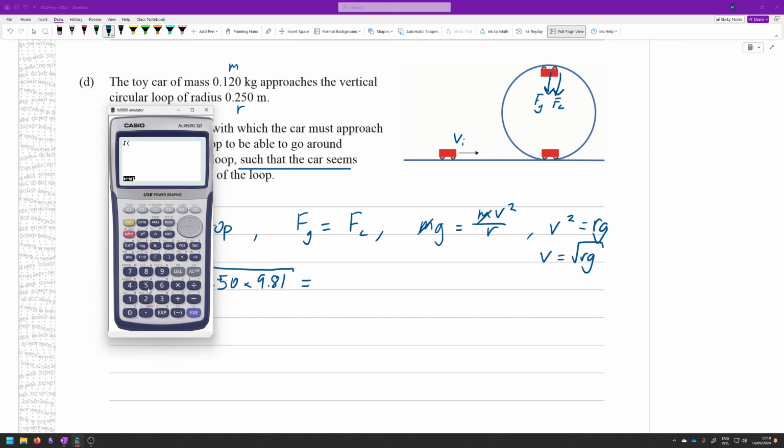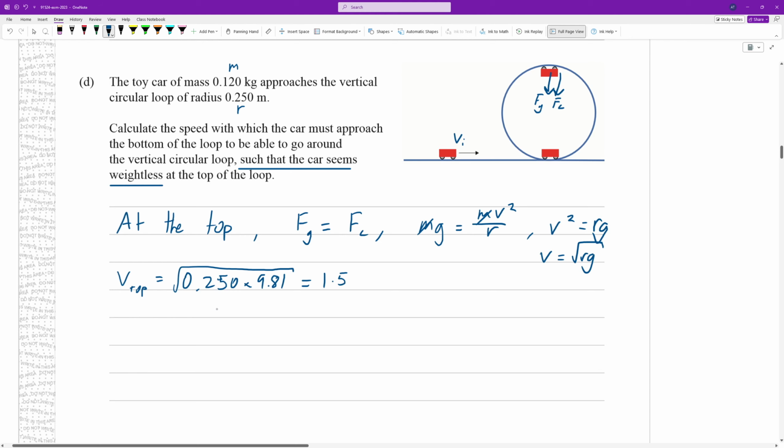Shift square root, brackets, 0.25 times 9.81, close bracket, 1.56605. Cool, so I'm not rounding it fully yet. I'll do that at the end. Meters per second. Great, so we know how fast it needs to be traveling at the top.